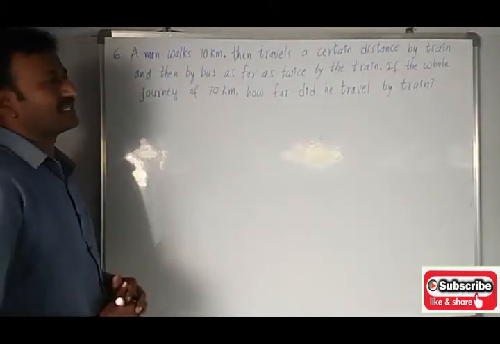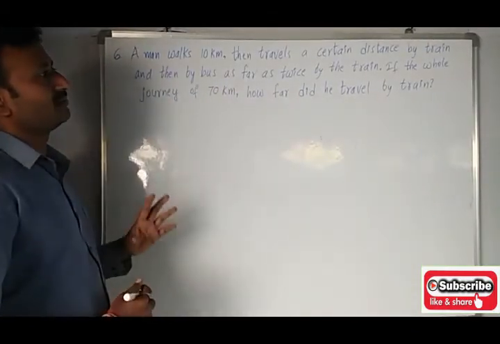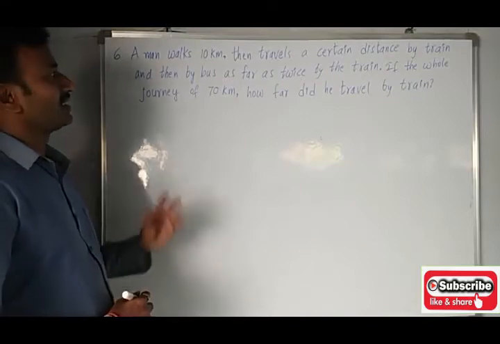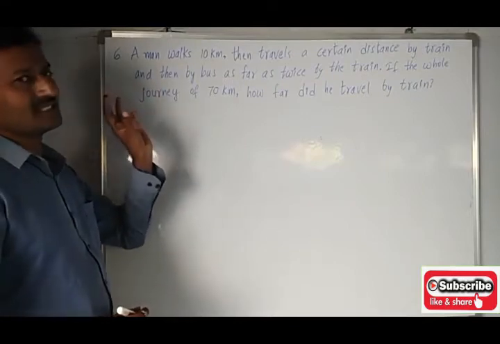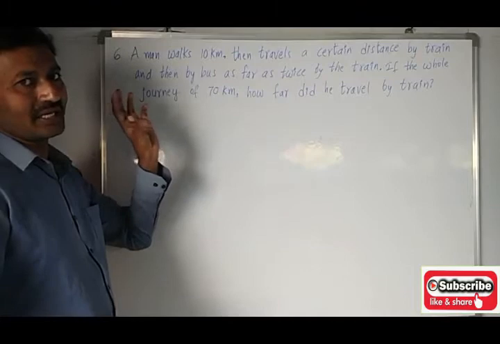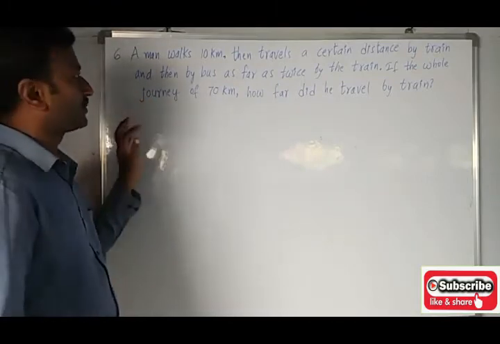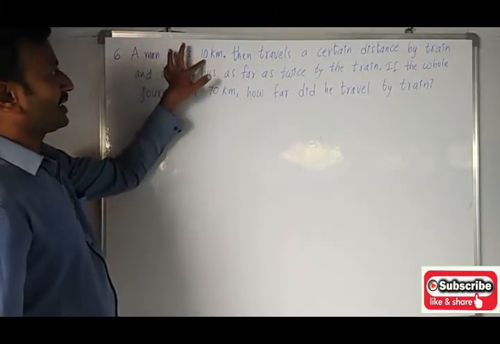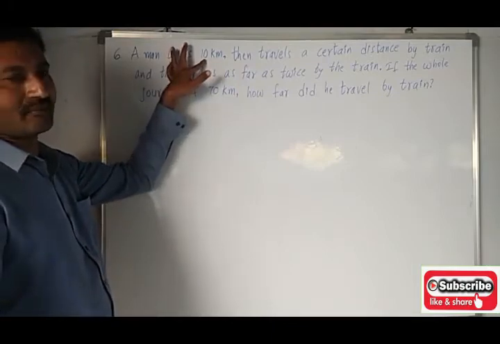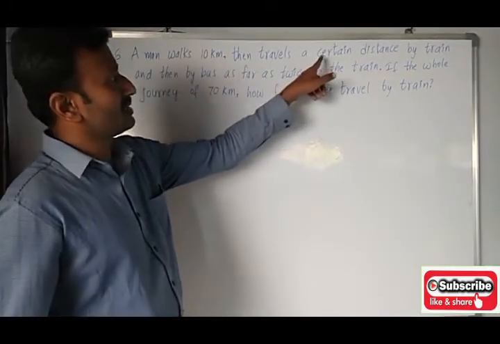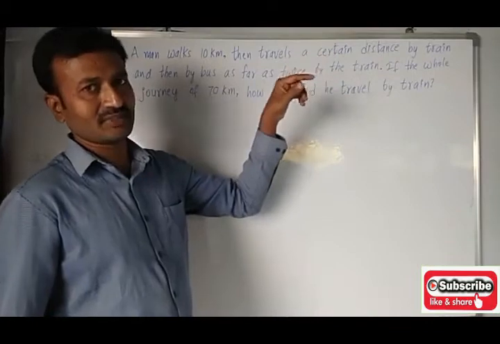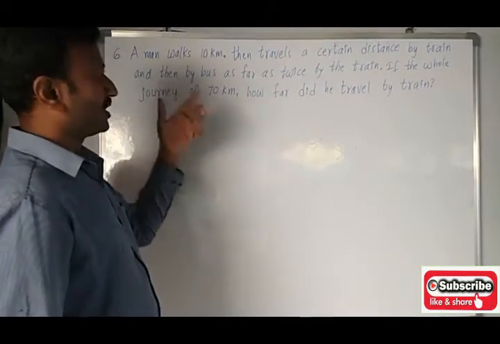See here, the 6th question. It looks big, but it is very easy. Here, the only thing is we have to read the condition and understand the concept totally. A man walks how many kilometers? 10 kilometers. Okay, walking. After that, by train, some distance traveled. How much distance?